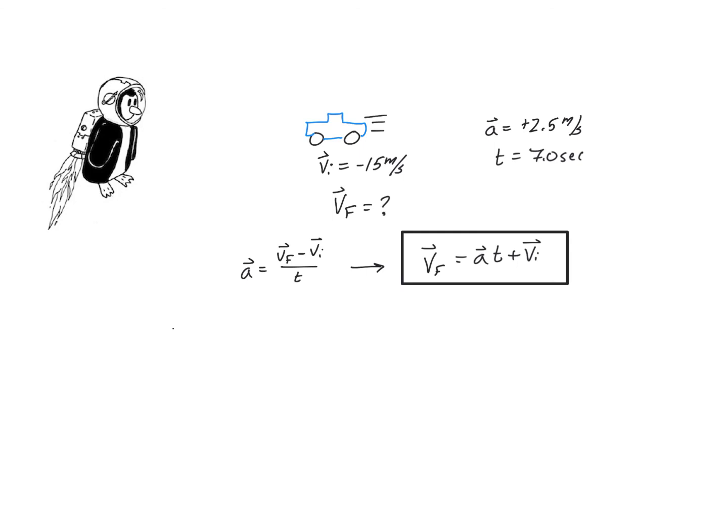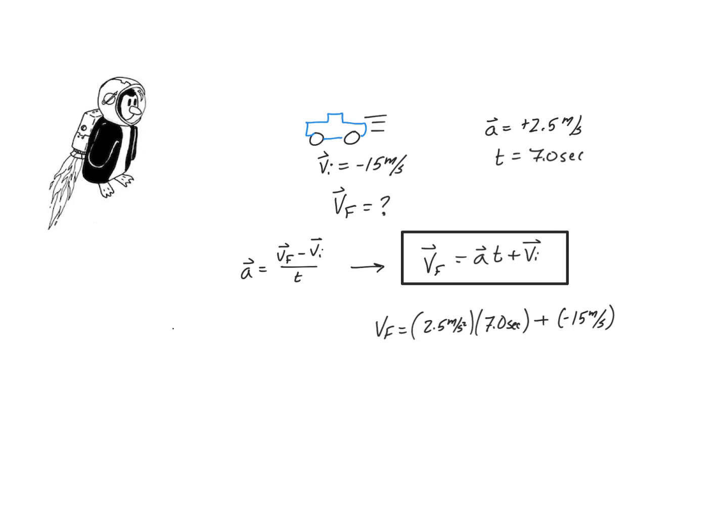For this case, Vf is going to be equal to 2.5 meters per second squared times the time we were accelerating for, 7.0 seconds, plus our initial velocity, which in this case is a negative 15 meters per second.